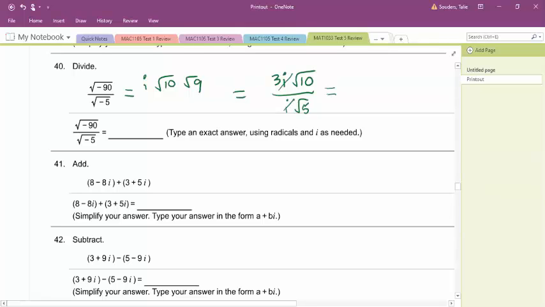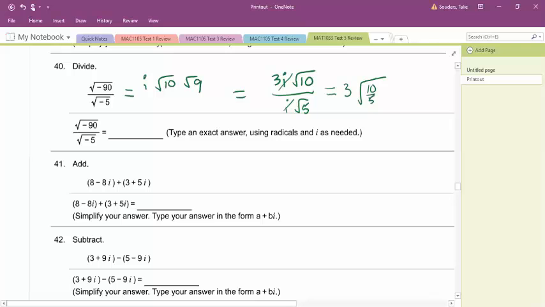Anything else? Can you divide the 10 by 5? You can, because they're both inside a radical. So technically, you know how we normally take a fraction and split it up into 2 different radicals? Here you're actually doing the opposite. You're doing it in your head. You're probably not writing this out, but you're actually combining the 2 radicals back into one without realizing it.